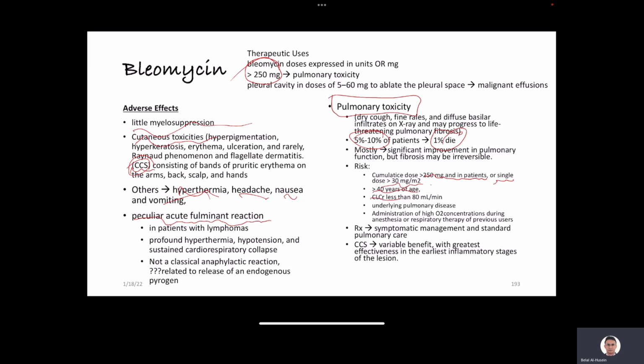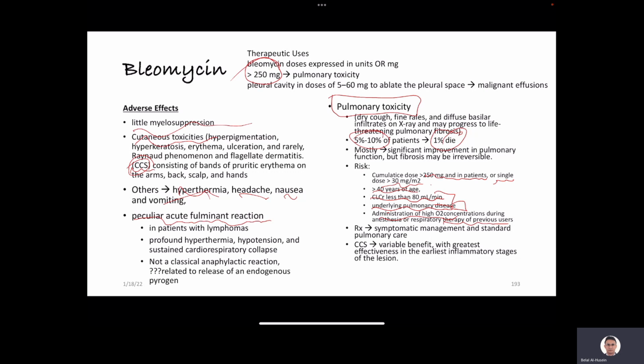It is also more likely in the elderly, if there is a potential for the drug to accumulate, like reduced renal function, if the patient has underlying pulmonary disease or received chest radiation, or if the patient receives high oxygen concentrations during anesthesia or respiratory therapy, or previous uses.